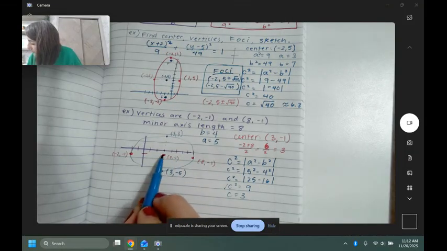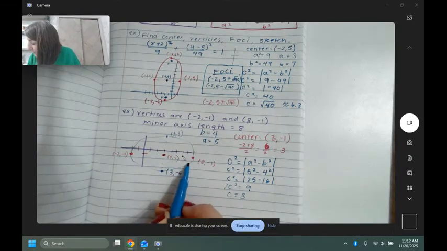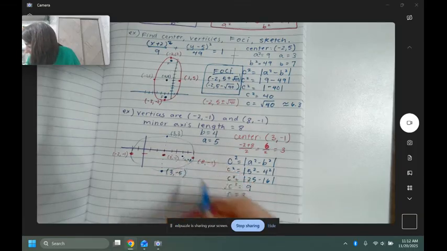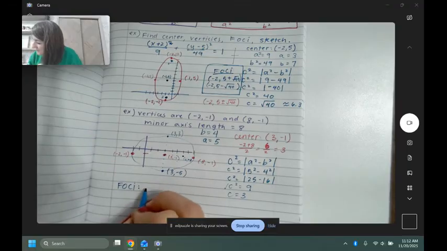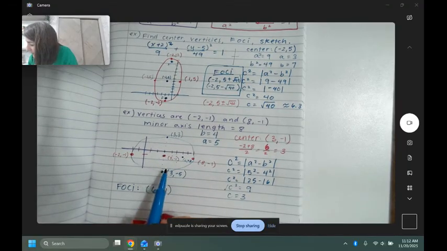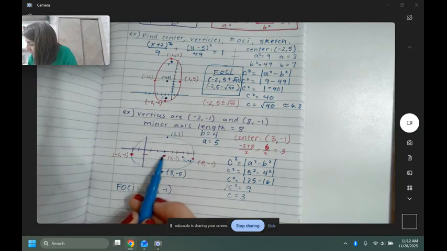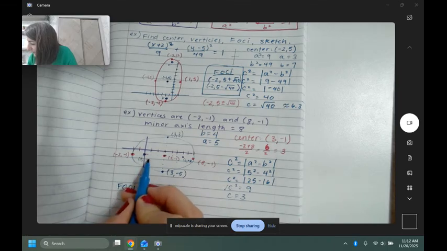So from 3, -1 up 1, 2, 3, this is the point 6, -1. And then over 3 in this direction as well. So 1, 2, 3 will bring me back to the point 0, -1.